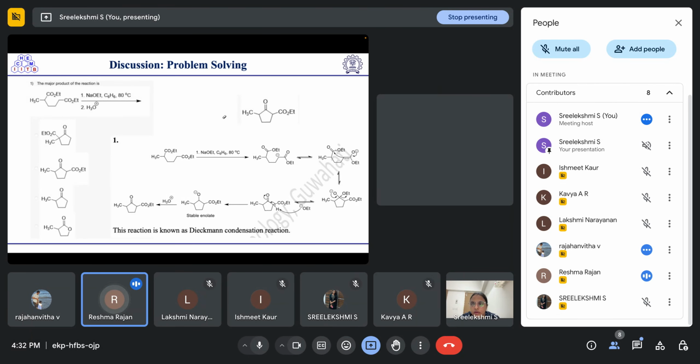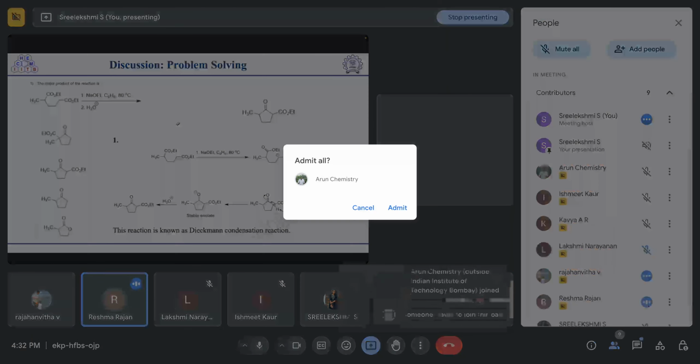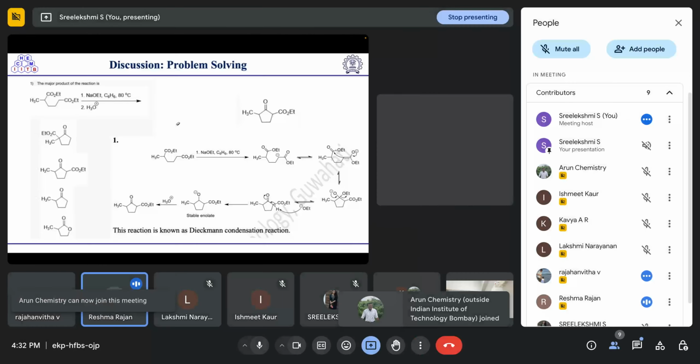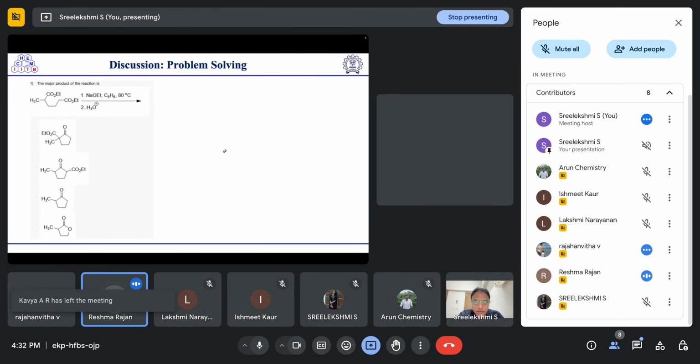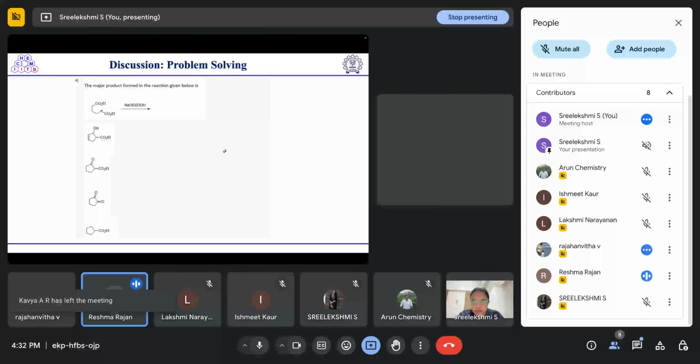I have one doubt. In the previous reaction, there was no reaction condition like 80 degrees Celsius. Will this affect it? In the previous reaction only NaOEt in ethanol was given, but now in this reaction we have the condition 80 degrees Celsius.